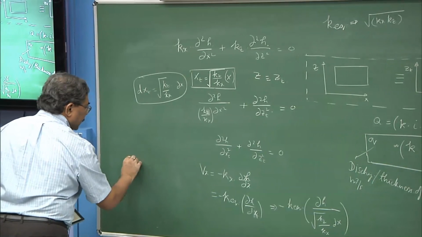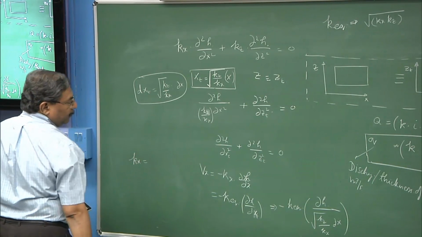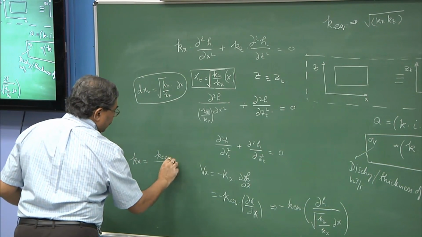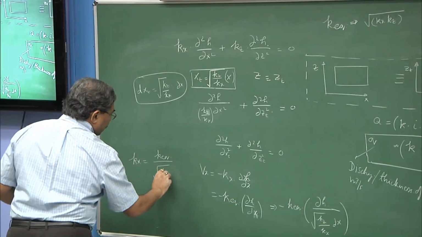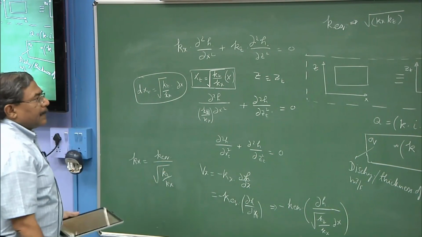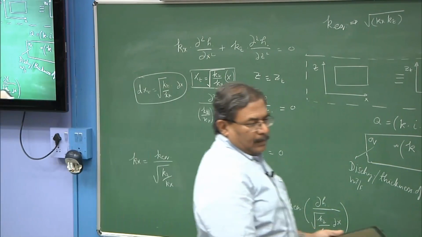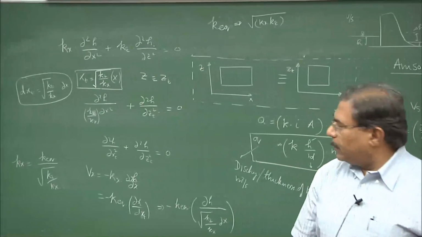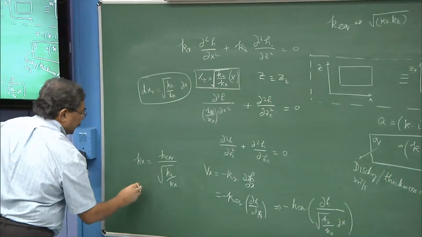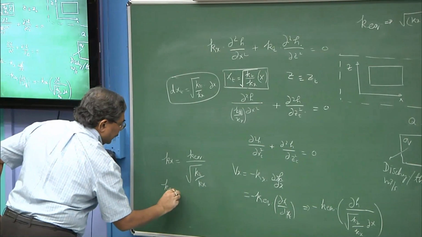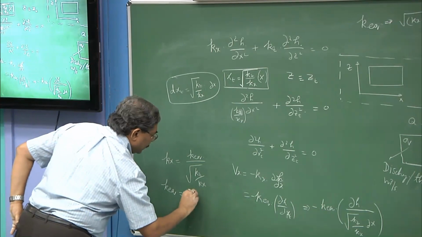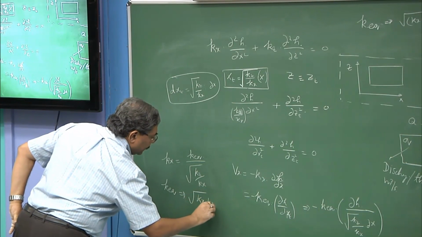That means, k x will be equal to k equivalent divided by under root k z by k x, and this would give you the expression that k equivalent would be equal to under root k x into k z.